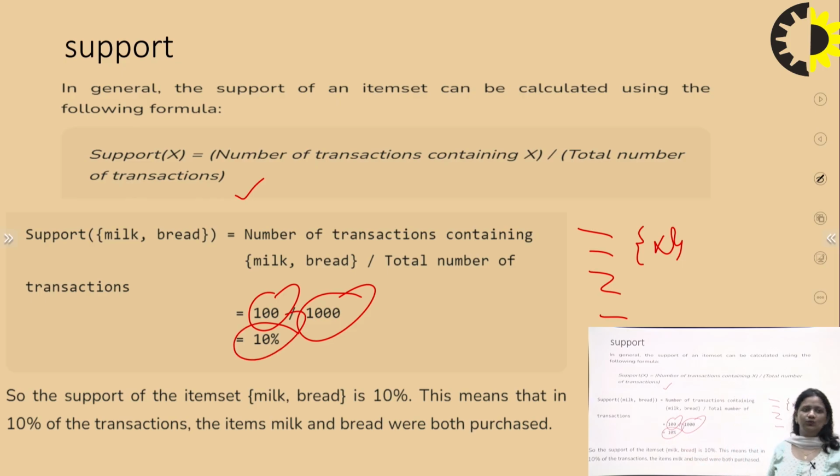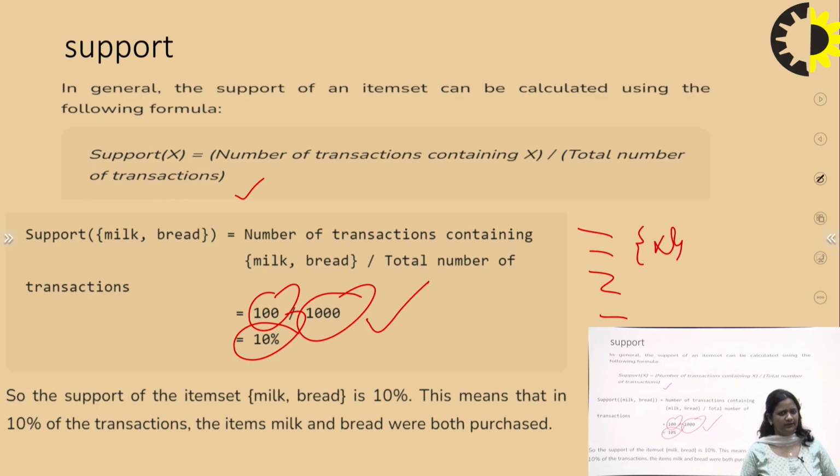So what do you understand by a support value of 10%? The support of an item set like milk and bread, or item X, is 10%. This means that in 10% of the total transactions, that is 1000, the items milk and bread, or item X, were purchased together.